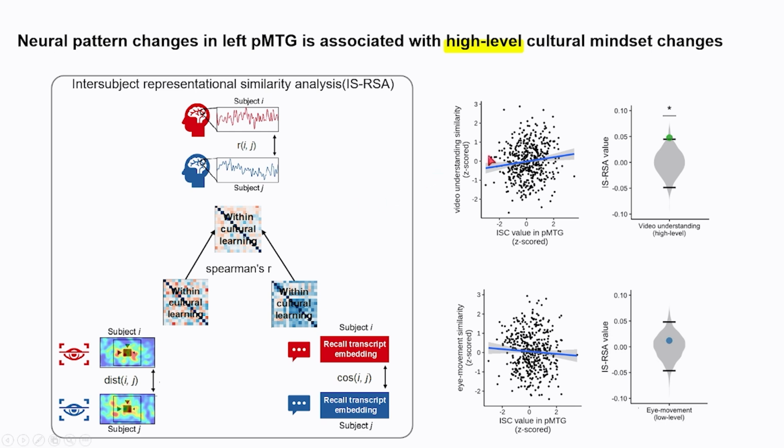And we do find that the neural response RDM in left PMTG is significantly correlated with their semantic embedding RDM. And these results indicate that the neural pattern changes in the left PMTG are associated with their high-level cultural mindset changes, like the semantic processing.